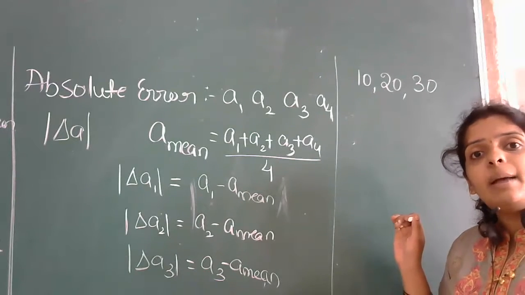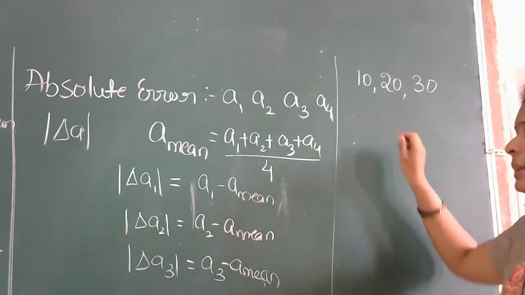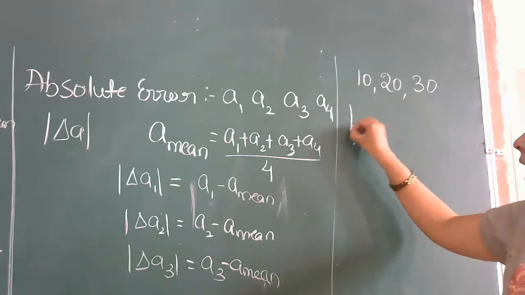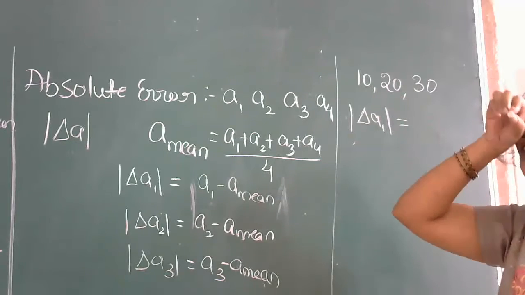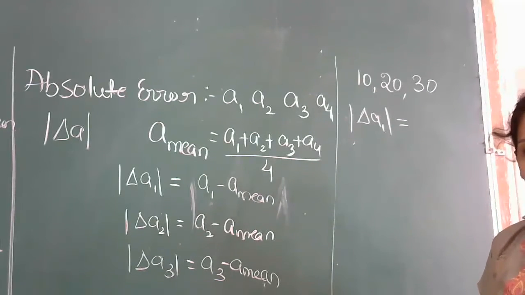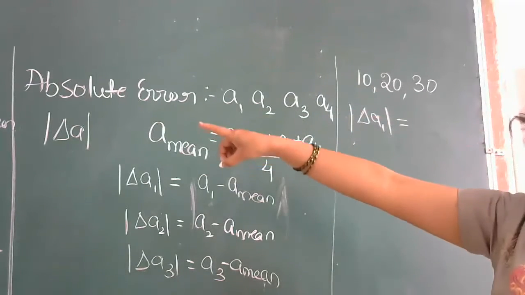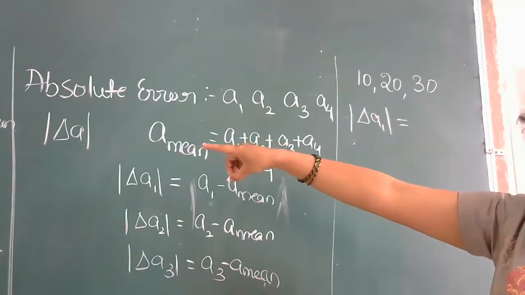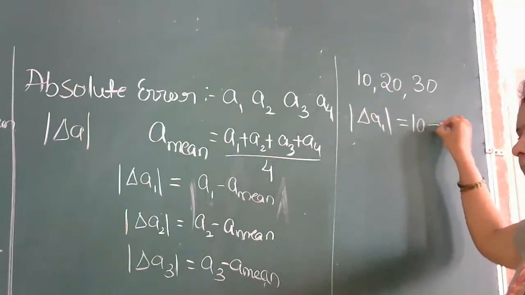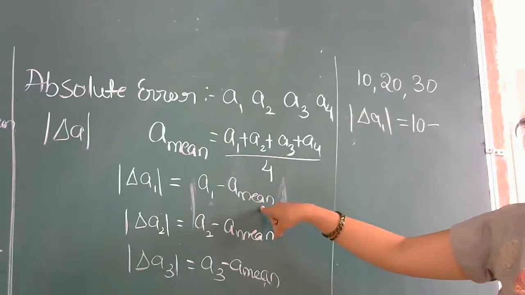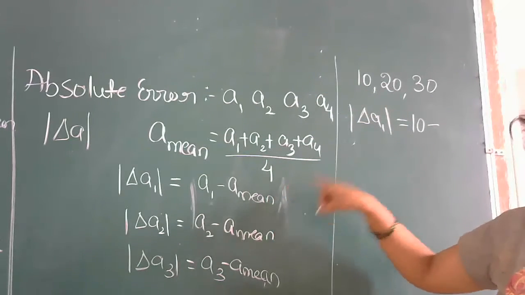How to calculate the absolute errors of these numbers? The absolute error of A1 is the difference between the individual measurement, 10, and the mean. So you need to calculate the mean of these numbers.